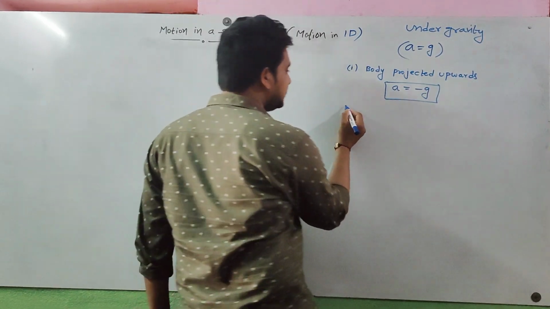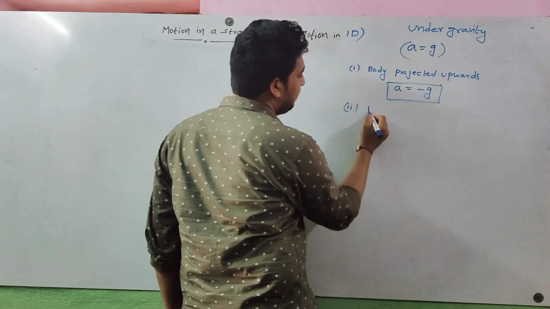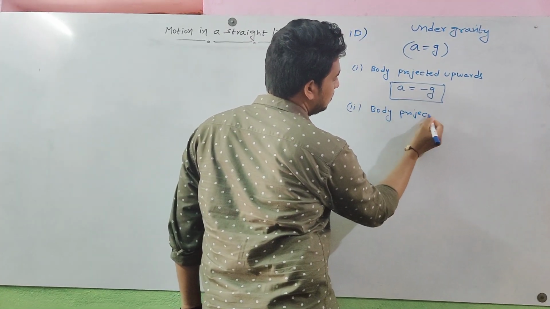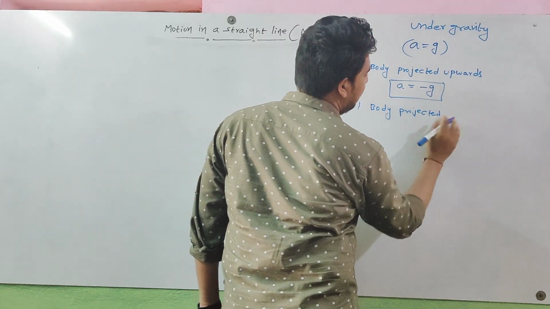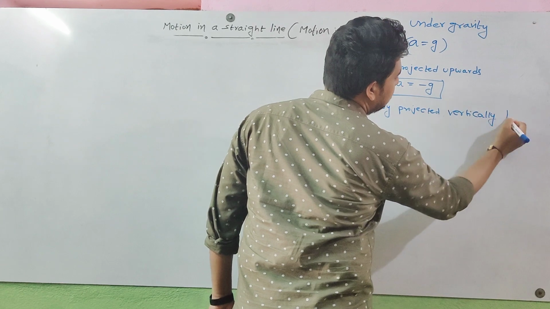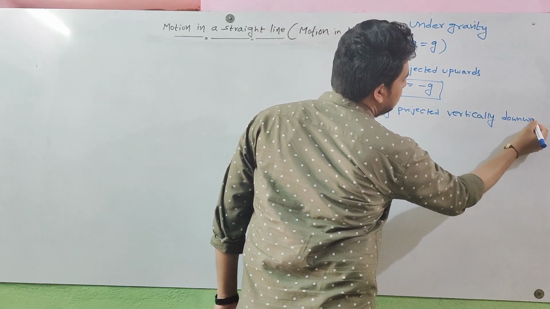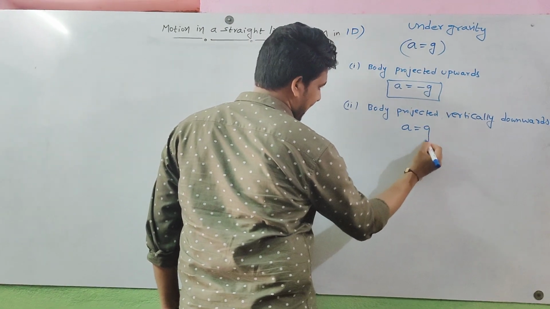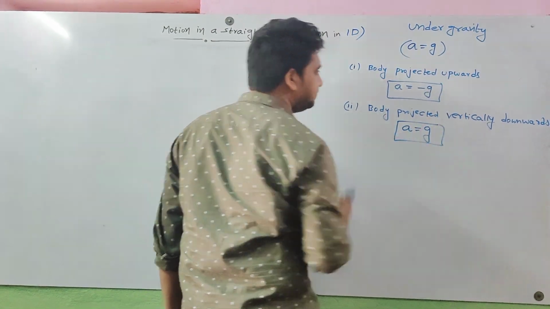Now second one, body projected vertically downwards. For a body projected vertically downwards, at that time we take acceleration plus g.